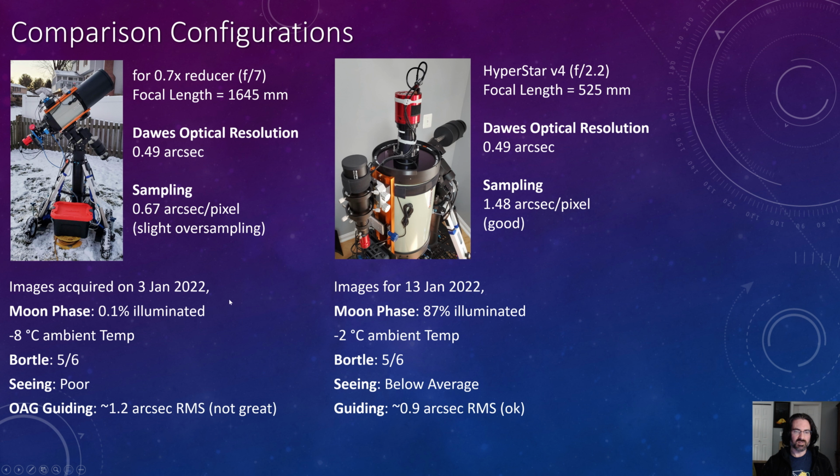I acquired these about 10 days apart, and across those 10 days there were big differences in the moon phase, from essentially a new moon to mostly illuminated. I am in a Bortle 5 to 6 zone, so there's a moderate amount of light pollution. In both cases the weather hasn't been great, so my seeing on both nights wasn't the greatest.